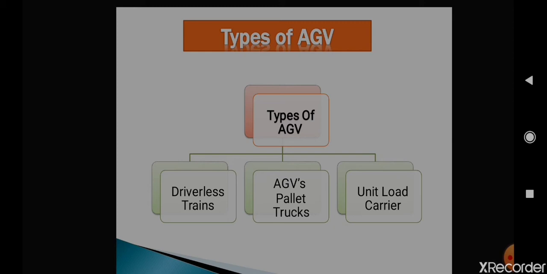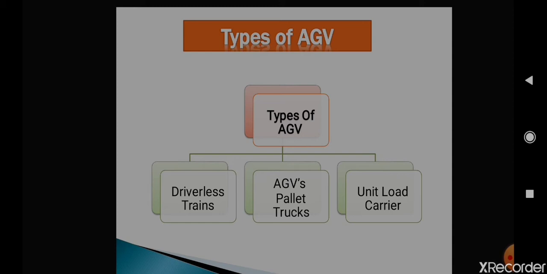There will not be any direct human involvement in the controlling of the AGVs or ASRS. By use of computer interface and sensors, you can control these systems, and these are very useful because they reduce the time and work effectively and efficiently. That's why the AGVs and ASRS are used.